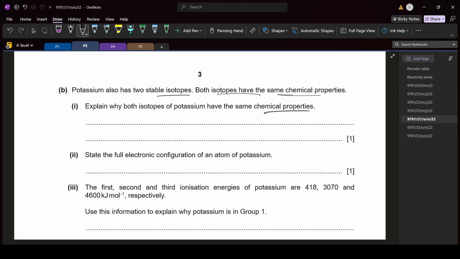In both isotopes the number of electrons will be the same, because in isotopes only the number of neutrons is different. So the arrangement of electrons in the shells will also be the same. So they have the same electronic configuration.